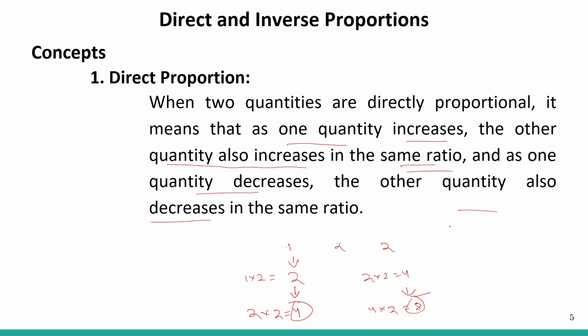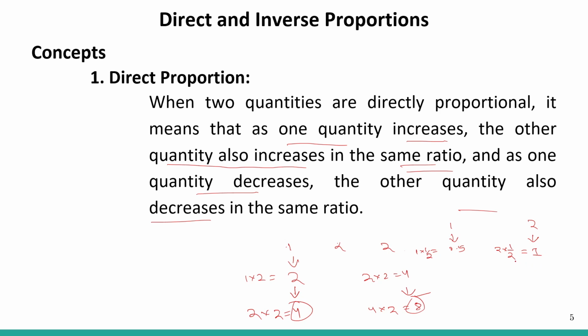Let's say again you have 1 and you have 2. Let's say 1 becomes 0.5, that is, it becomes half. So 1 into 1 by 2 is equal to 0.5. Then 2 will become 2 into 1 by 2, which is equal to 1. So it became half of what it was, because 1 became half of what it was. 2 became 1, half of 2.